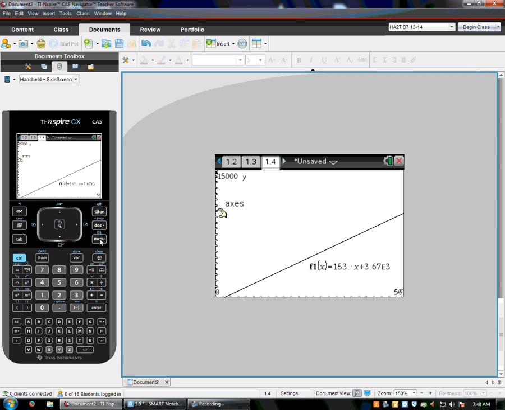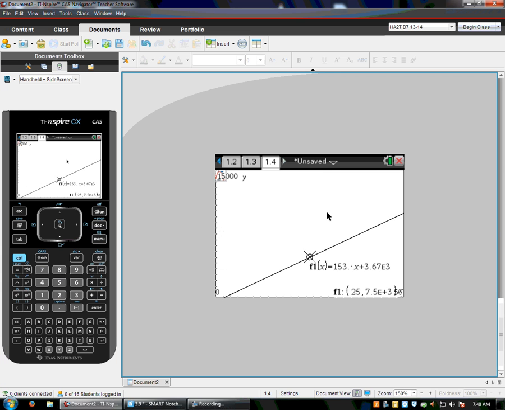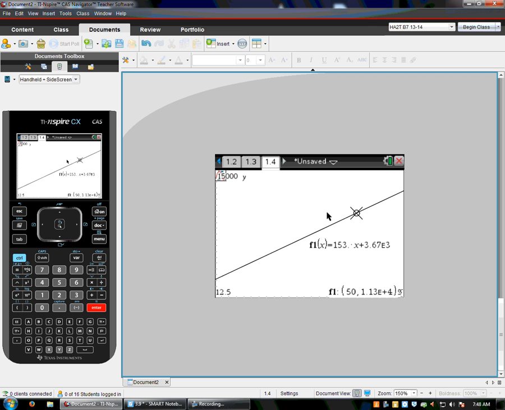But from here, if I wanted to predict the data for the year 2010, I could do menu, trace, graph trace, and then type in 50 for the year 2010. So it looks like it's 1.13 E plus 4.